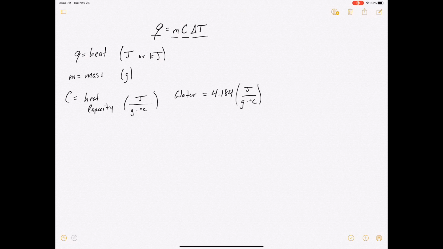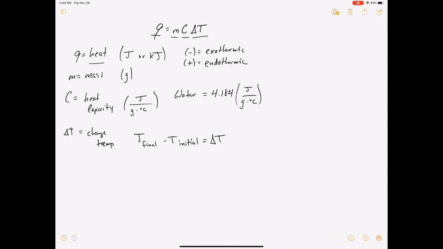And finally, delta T is the change in temperature. Of course, when you're looking for the change of something, you subtract the initial from the final, so it would be T final minus T initial, and that will give you your delta T. Moving back to heat real quick: if Q is negative, a negative Q equals exothermic because heat is being released, and a positive Q is endothermic because heat is being absorbed.